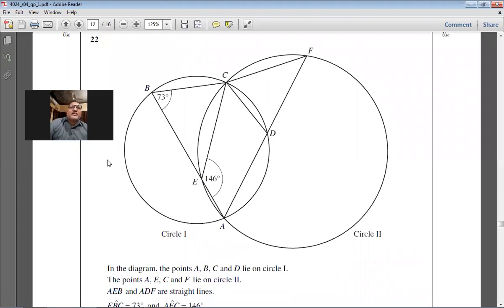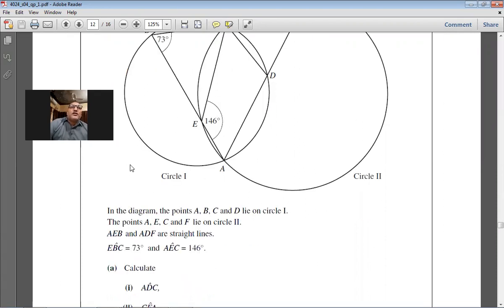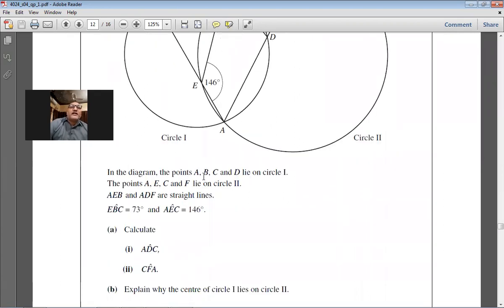Here we have a circle. It's circle number 1, and on circle number 1 we have points B, C, D, and A. And this is circle number 2, which is a little larger, and A, E, C, F are on circle number 2. The question is that in the diagram, the points A, B, C, and D lie on circle number 1.